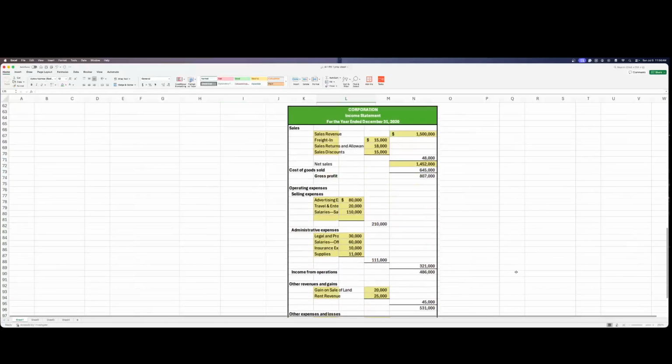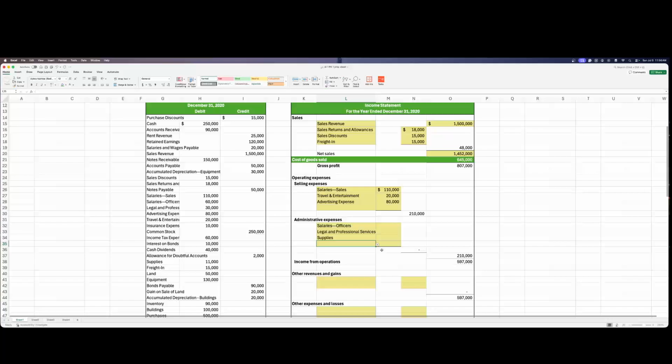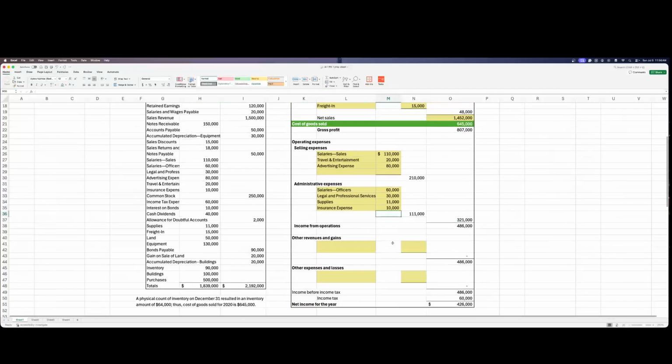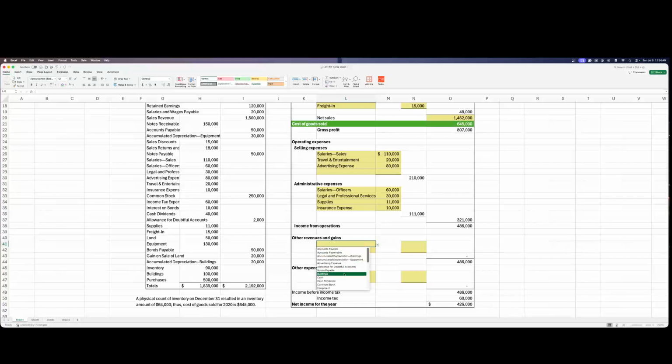Yeah, insurance expense. So officers' salaries, legal services, professional services, supplies, 11,000. Insurance expense, 10,000.